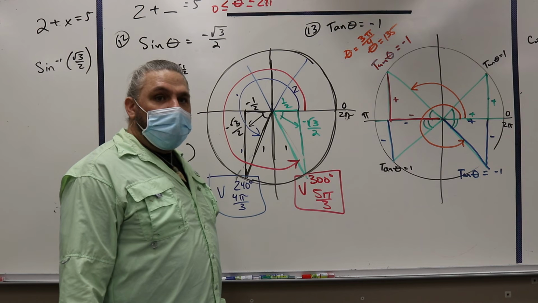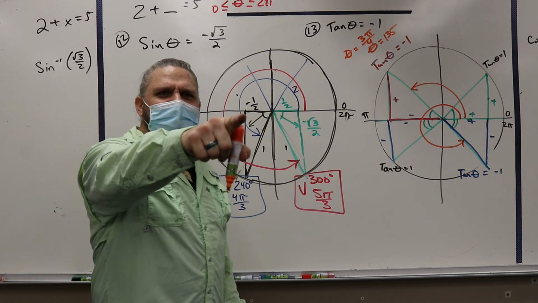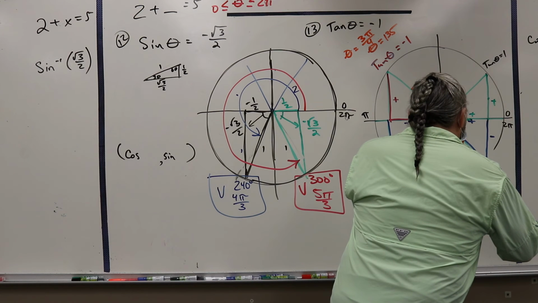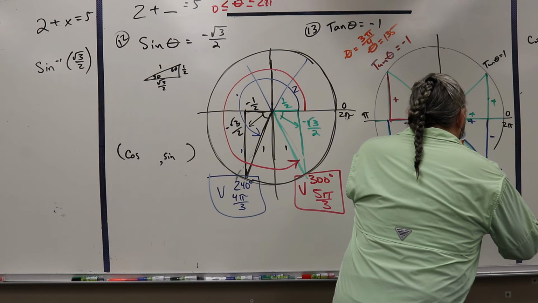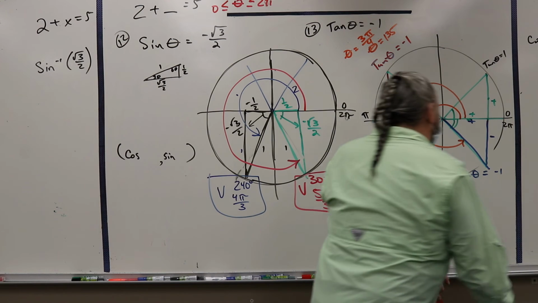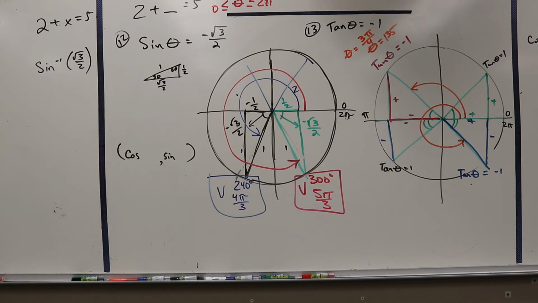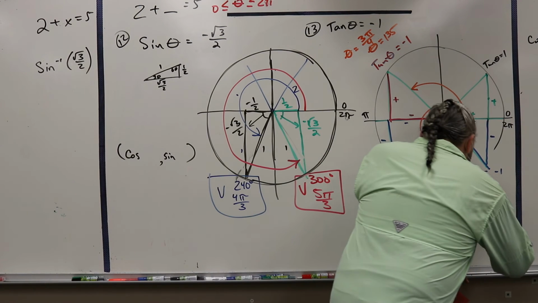What'd you say? 370? No, 315. I thought you said 7 pi, so I was like, ah! Is it 315? That's what you said.